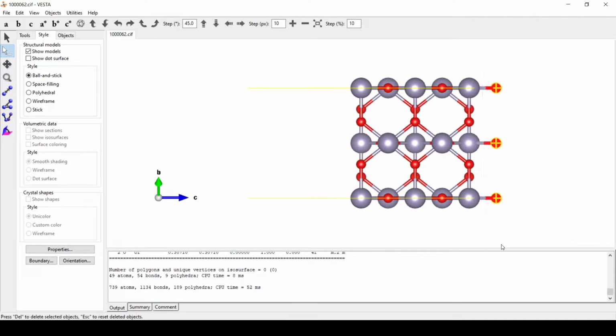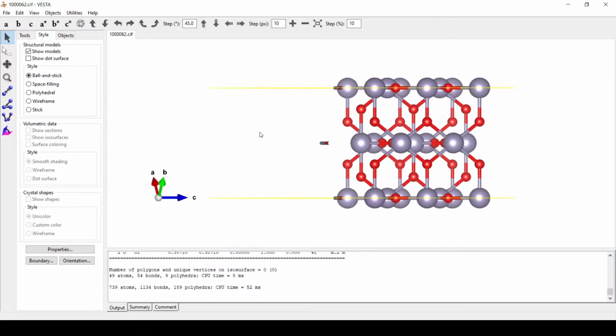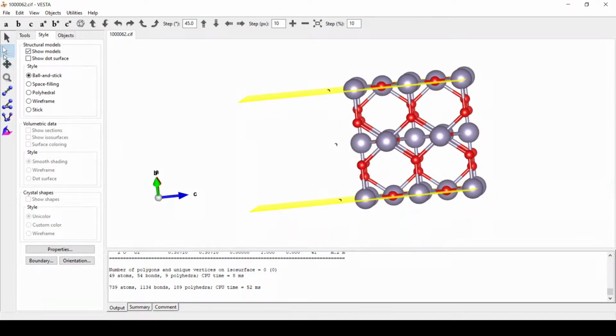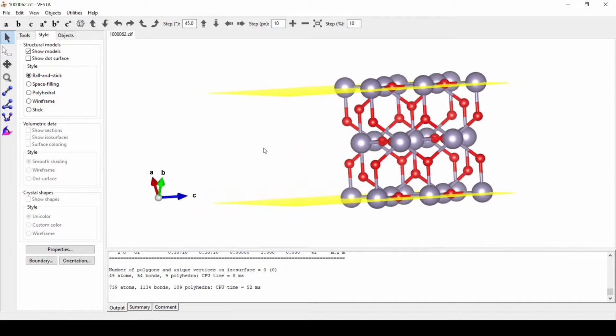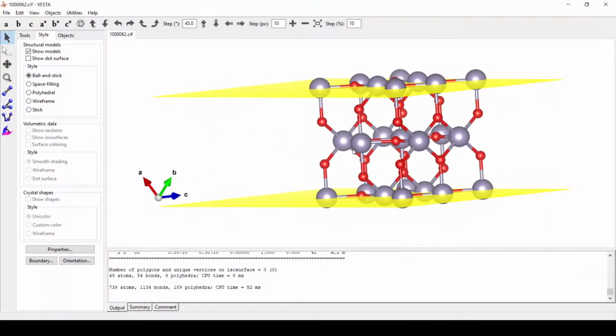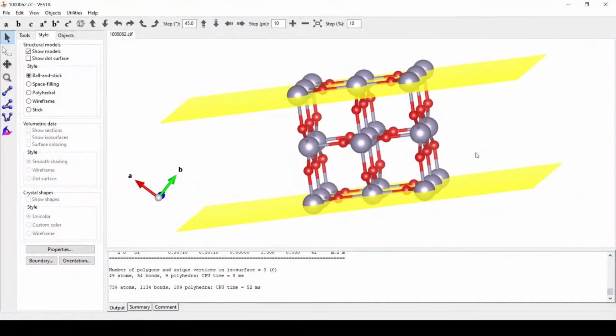So these oxygen atoms are not required. Okay, so this is our unit cell. We have to build a unit cell out of it. But here we have our 110 plane exposed.